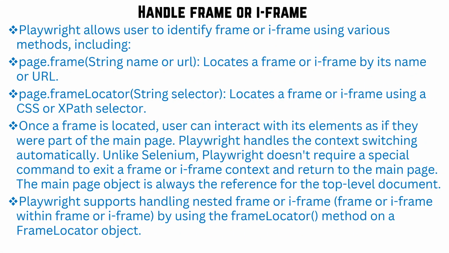It can be anything, with the help of different locator strategies, maybe CSS or XPath as well, which will help the user to locate a frame or iframe using a CSS or XPath selector. Once a frame is located, the user can interact with its elements as if they were part of the main page. Playwright handles the context switching automatically.